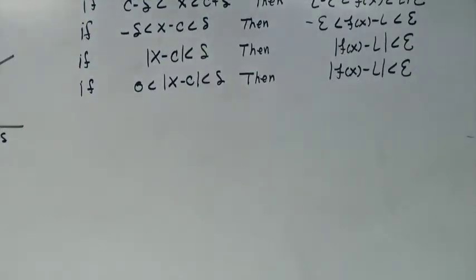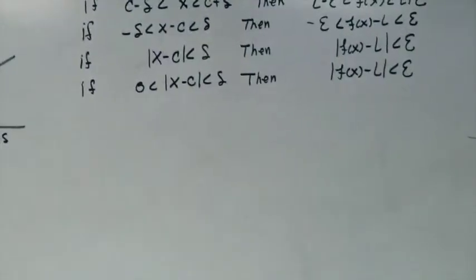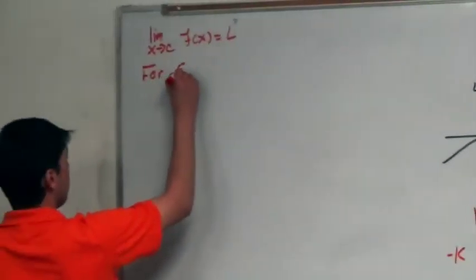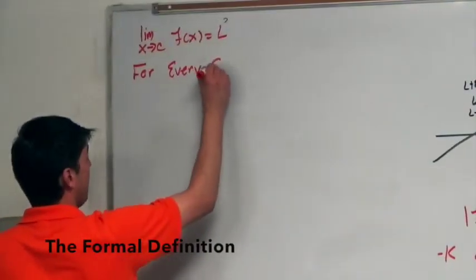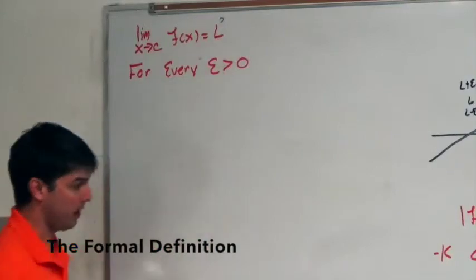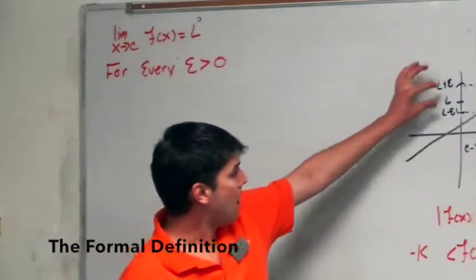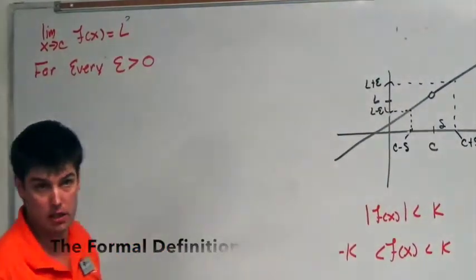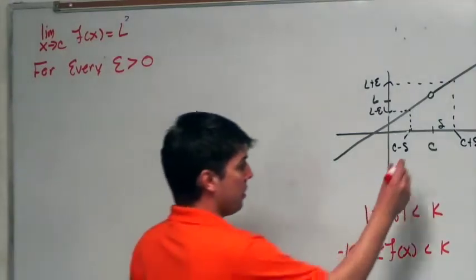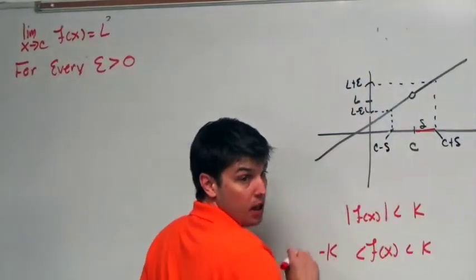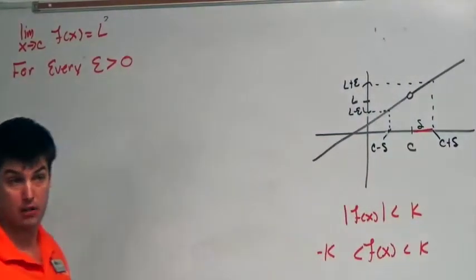So the first statement in the definition: for every epsilon greater than 0, for any positive distance on the y-axis, there will be a distance around c. Again, a distance is positive.